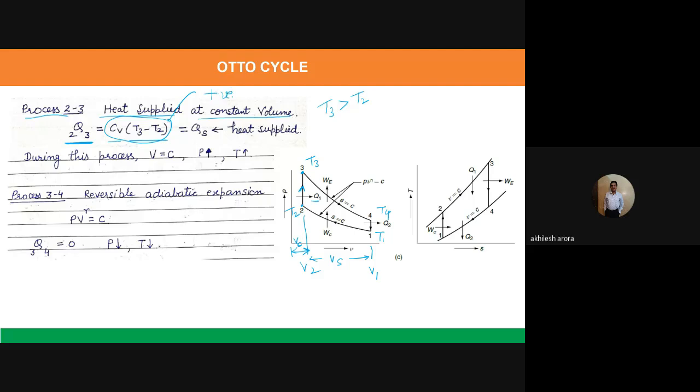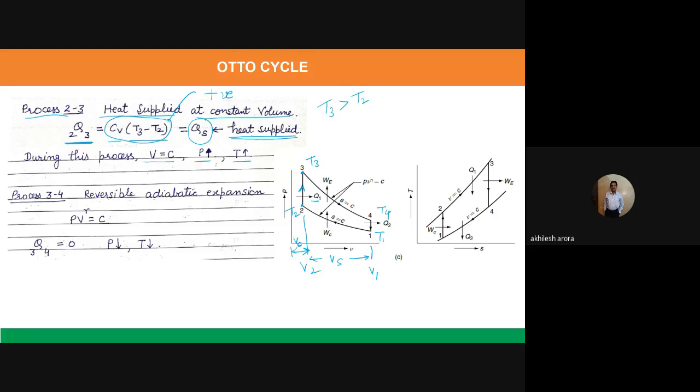Okay, so it means it is heat supplied, because this is entering into the system. So I call this QS. It is heat supplied. S stands for supplied. And during this process, volume remains constant, pressure increases, temperature increases. Okay, because if we are keeping the volume constant and we are increasing the temperature, the pressure is bound to increase.